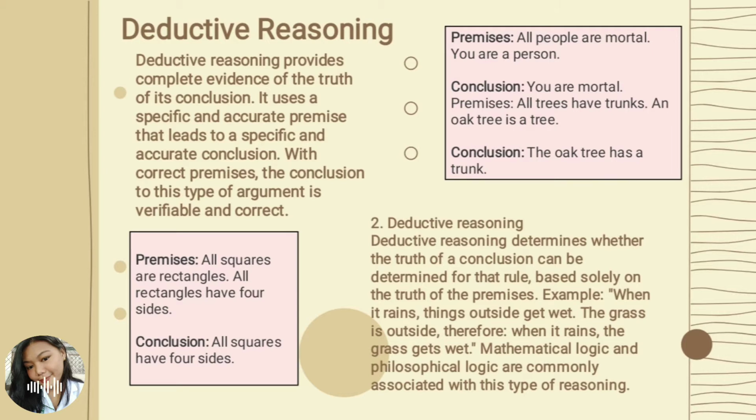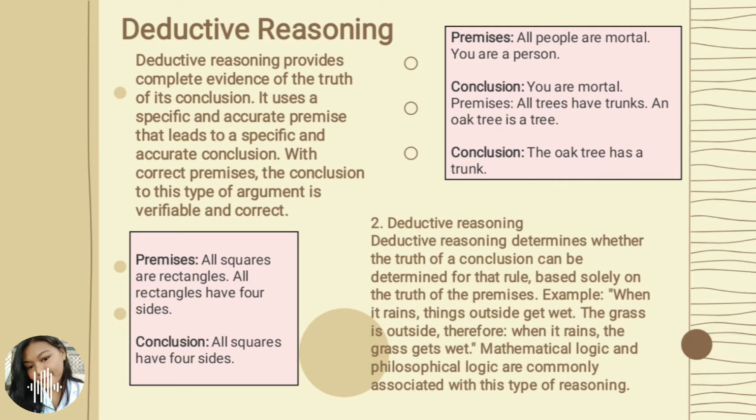Because in the first statement, things outside get wet, and the grass is outside, so in conclusion, if there is rain, then the grass gets wet. So both of them are logically true.